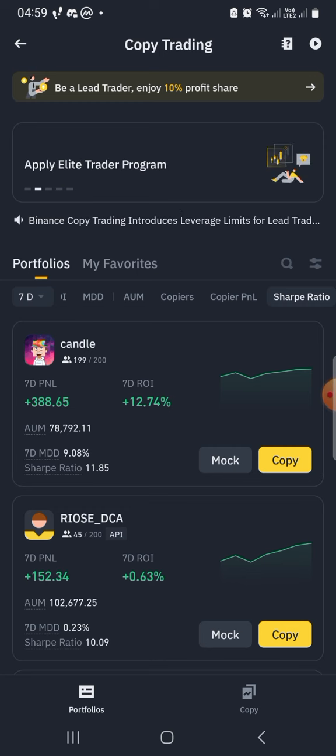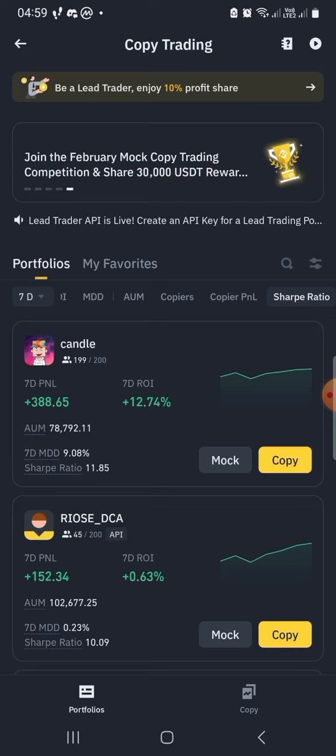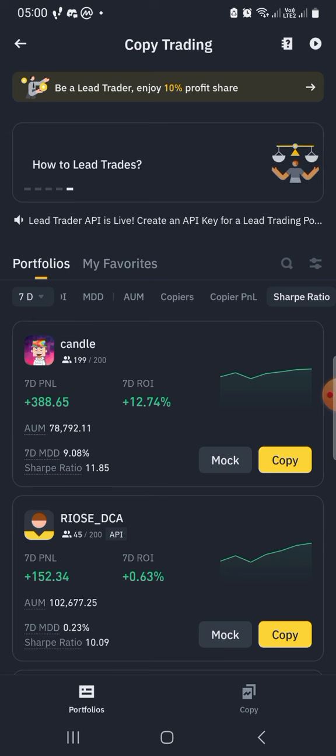Now I want to end with the risks. Your copy trading can fail for many reasons. The first reason is that the available margin balance in the copy portfolio may not be sufficient, because you have different margins.